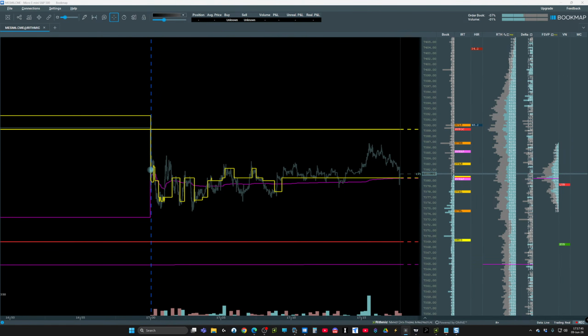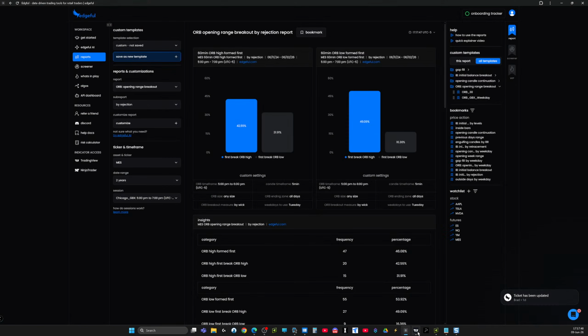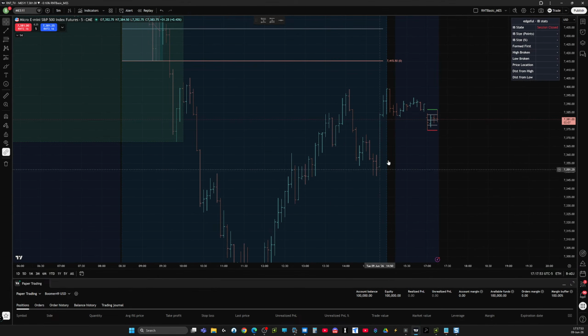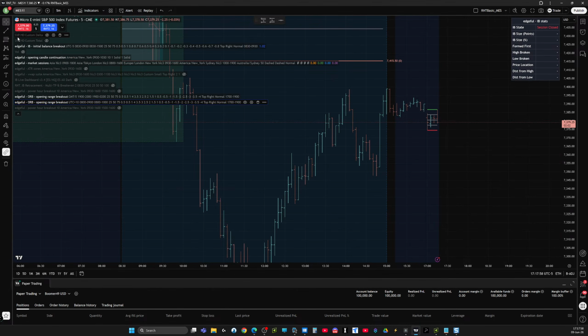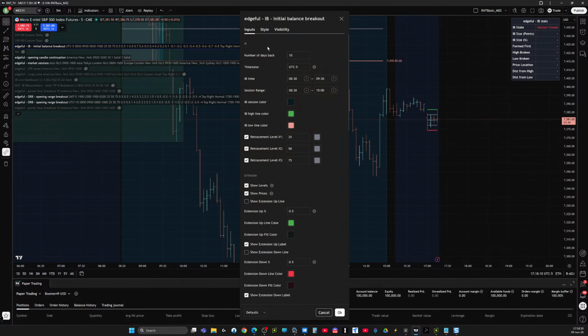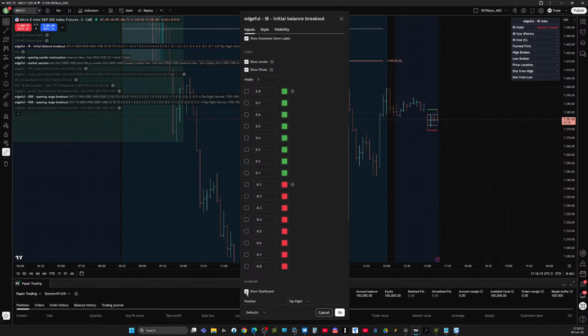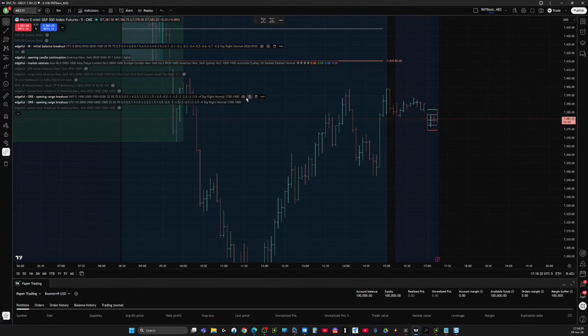Let's also get over here to TradingView, and here we come now. So I need to modify this one. Where am I? Here. And I need to shut off the initial balance high dashboard and activate the Globex dashboard.